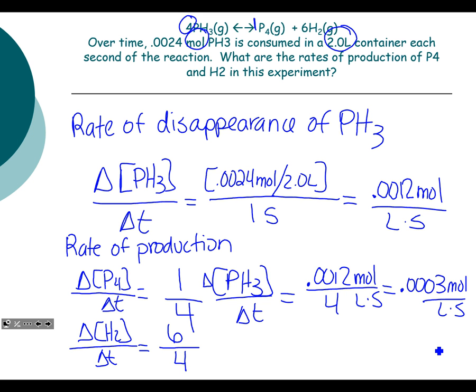So the rate of production of hydrogen is going to be 6/4 our rate that we had for our pH 3. And once again, those 6/4 just come from looking at our balanced equation. Whoops, let me get my 6/4 in there.